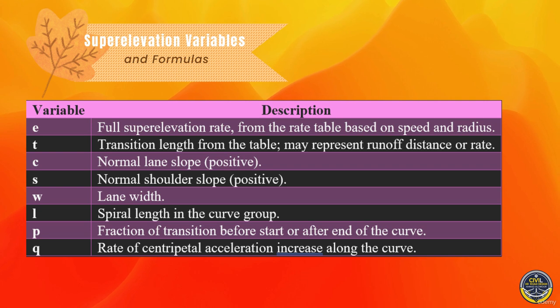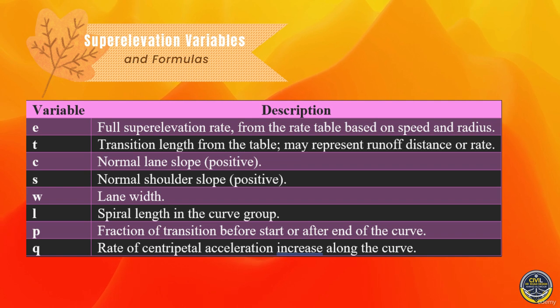C is the normal lane slope, positive. S is the normal shoulder slope, positive. W is the lane width. L is the spiral length in the curve group. P is the fraction of transition before the start or after the end of the curve. Q is the rate of acceleration increase along the curve.